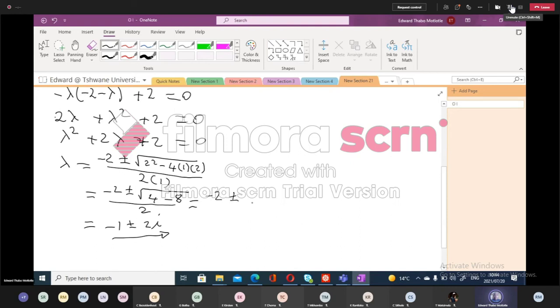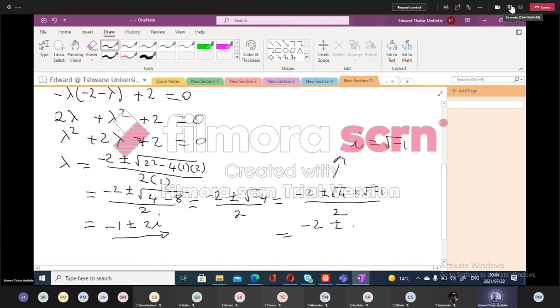Minus 2 plus or minus the square root of minus 4 over 2 equals to minus 2 plus or minus root 4 multiplied by root minus 1 all over 2. But from the knowledge of complex numbers, we know that i is equals to root minus 1. So this is minus 2 plus or minus root 4 is 2. So this is 2i all over 2. And this is equals to minus 1 plus or minus i.